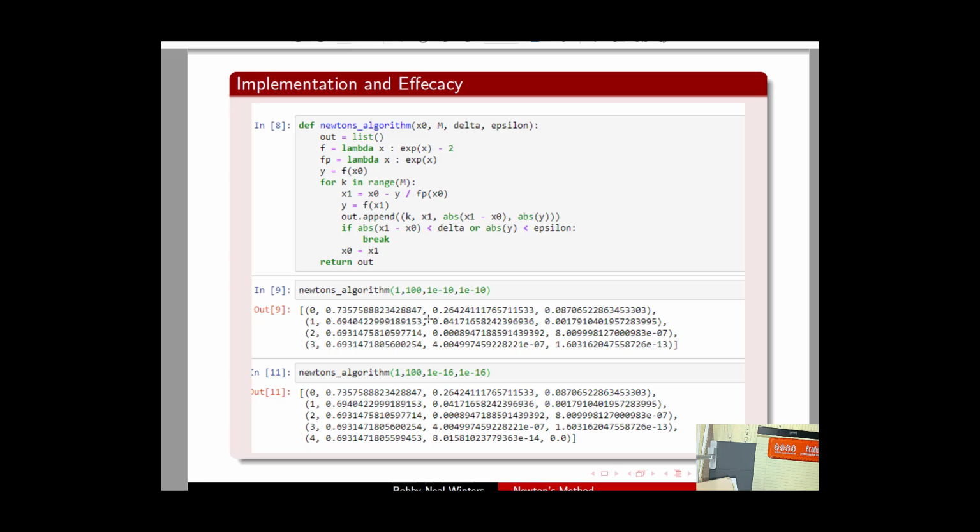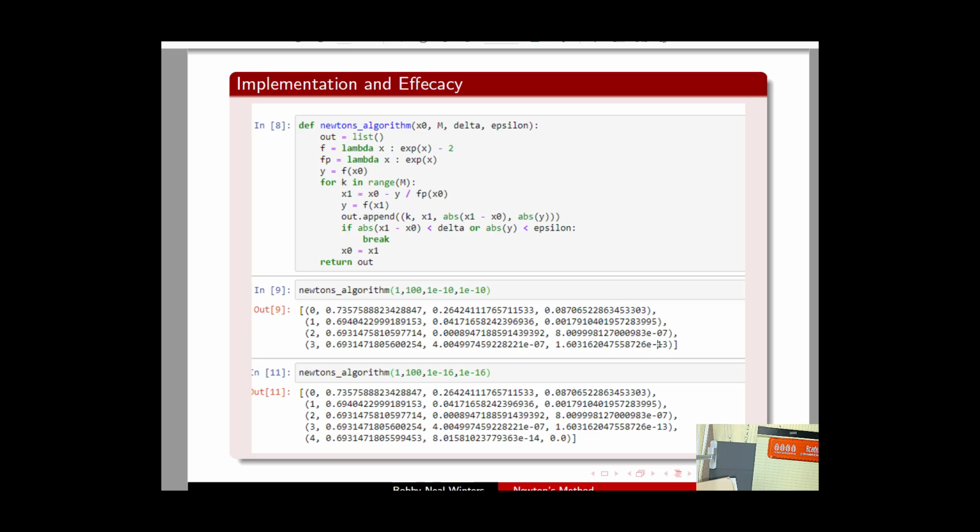When we do it this way, we stop on the third iteration, or I guess 0, 1, 2, 3, the third or fourth iteration, however you want to count it.